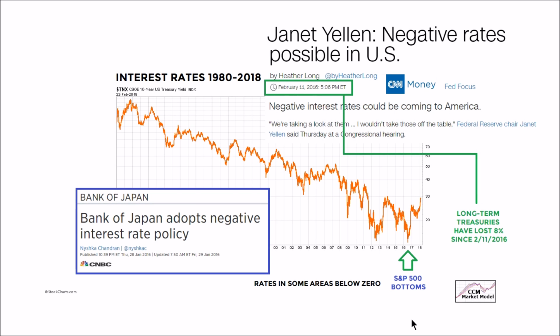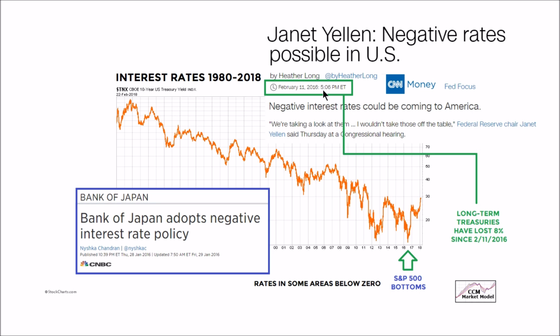It's already happening. We all know that since the S&P 500 bottomed in February of 2016, the stock market has performed very, very well. Since this article was written, and this concept should be good for bonds, but that's the lowest point.